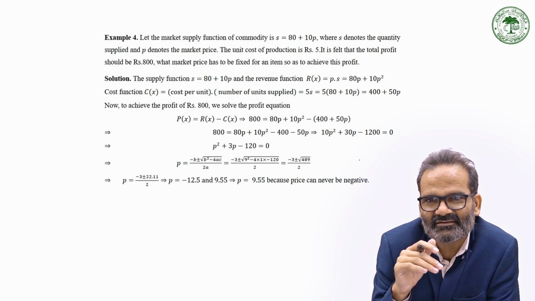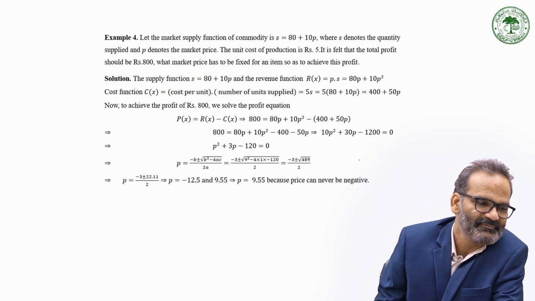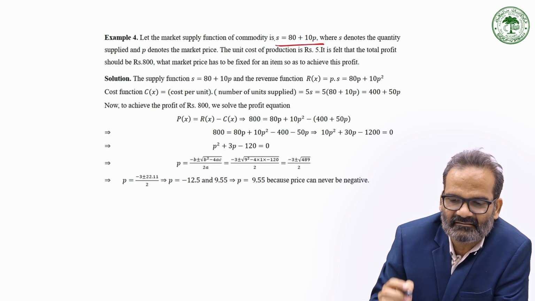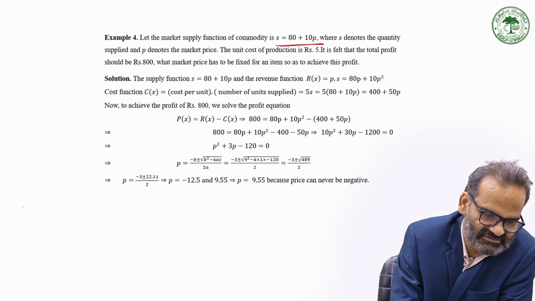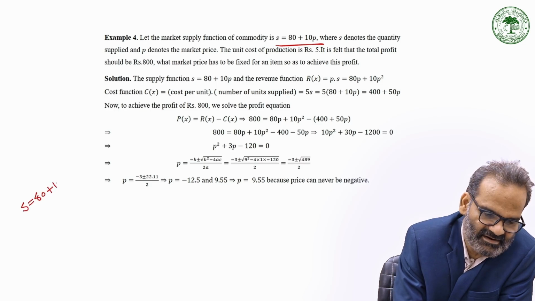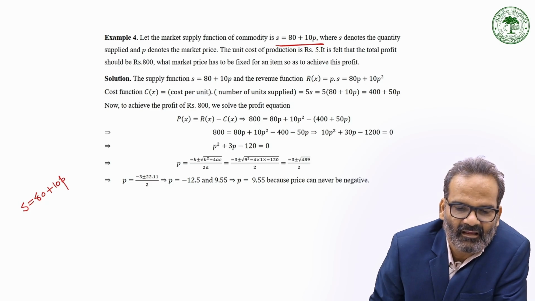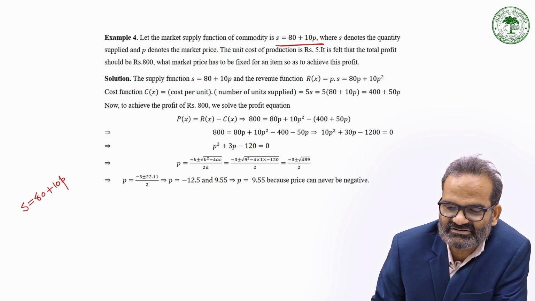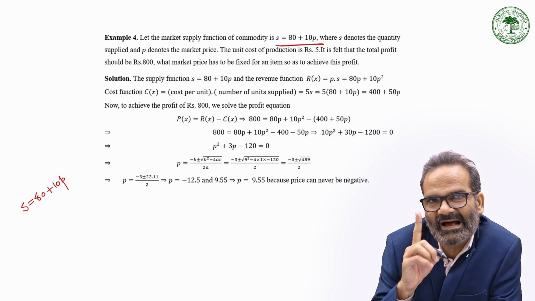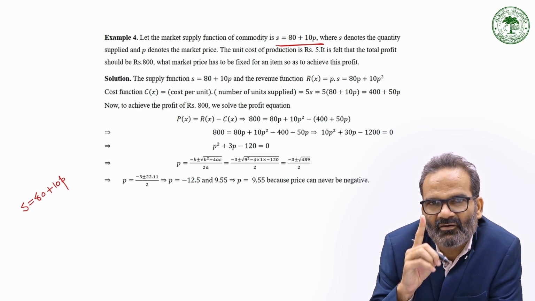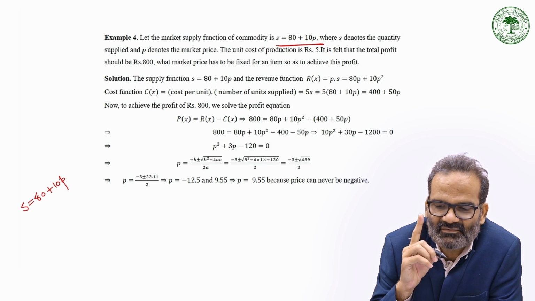We don't want to calculate the profit. Profit is already given here, right? So see, this is your supply function. S equals 80 plus 10P, where P denotes the market price and the unit cost of production is rupees 5. So unit cost of production is rupees 5 means the cost of one item. Whatever items are being produced by the firm, the cost of one item is rupees 5.